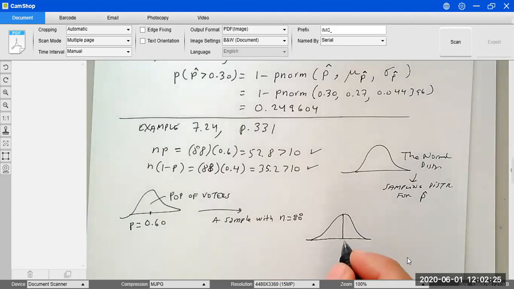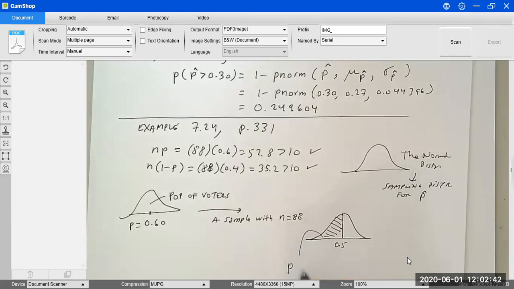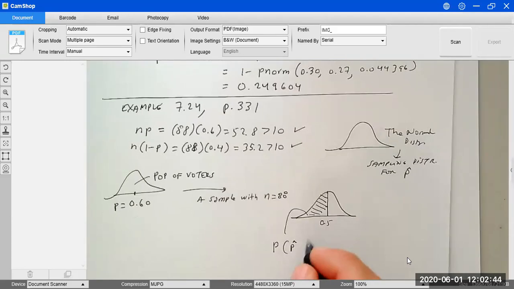So we want to know if we have here 0.5. So we want to know the probability that the proportion is less than 0.5.